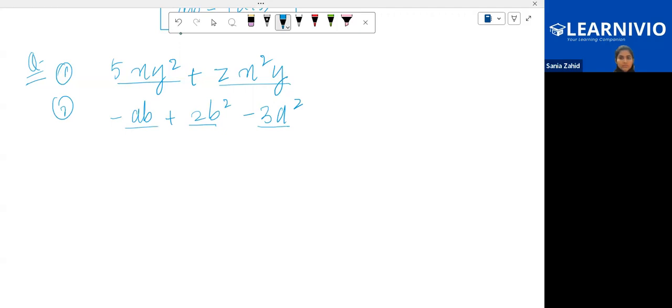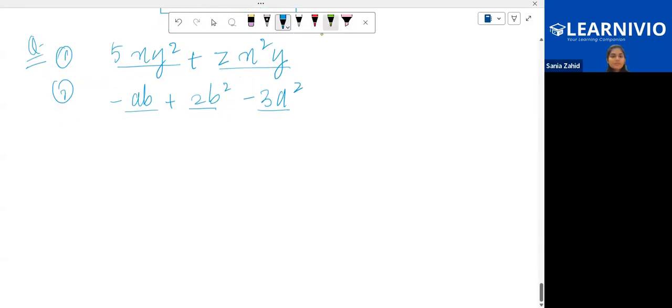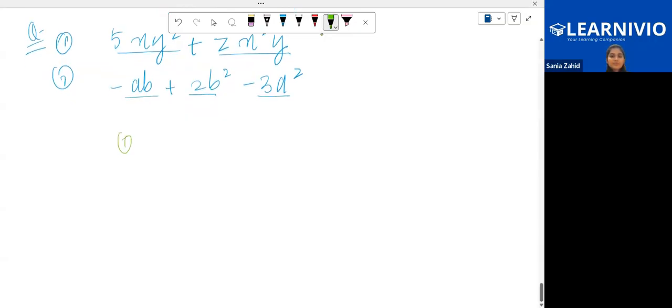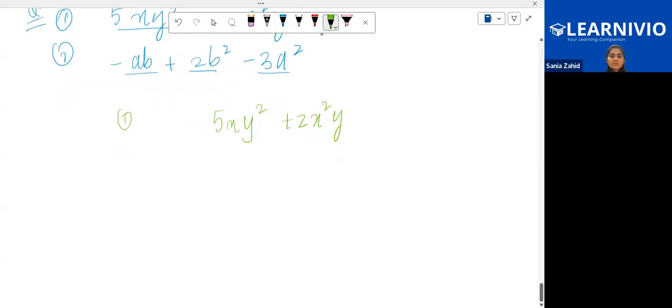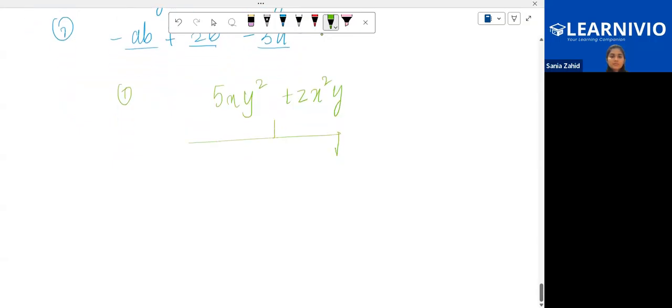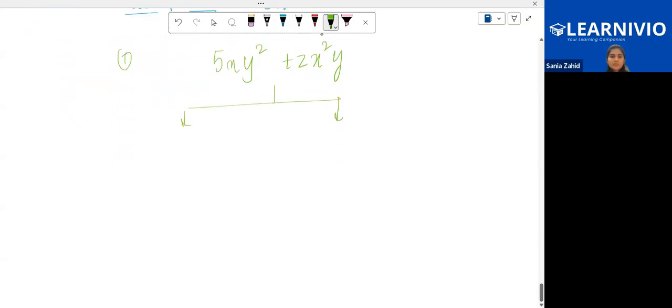Okay, so firstly, for the first one, what will you do? First we will write the terms: 5xy square and 7x square y.